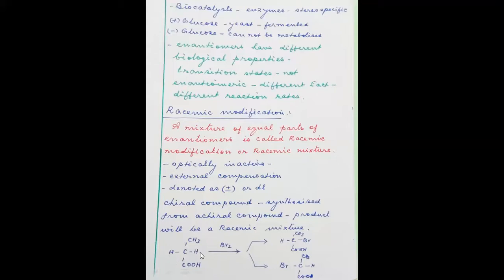So bromine substituting the hydrogen on the right-hand side and bromine substituting the hydrogen on the left-hand side are equally likely, and you get exactly equal numbers of the 2-bromo plus isomer and 2-bromo minus isomer, and hence a racemic modification. This is a racemic mixture.